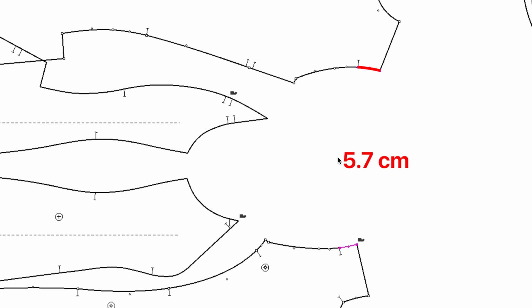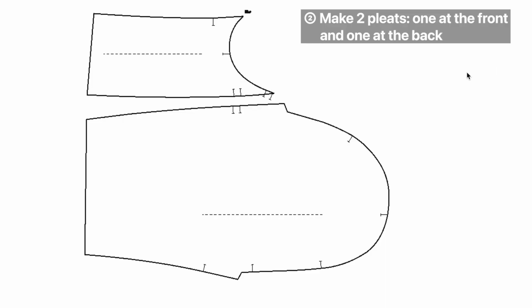So then we can calculate 26.2 minus 5.7 centimeters. Then the gathering amount is 20.5 centimeters. So to make two pleats, one on the front, one on the back, we can make 10 centimeters of pleats each. And we can remove 0.5 centimeter later.